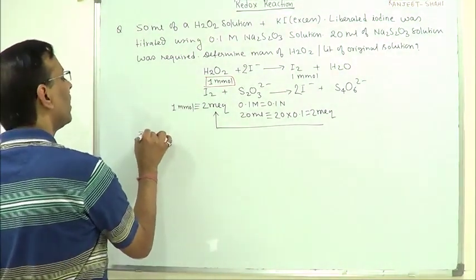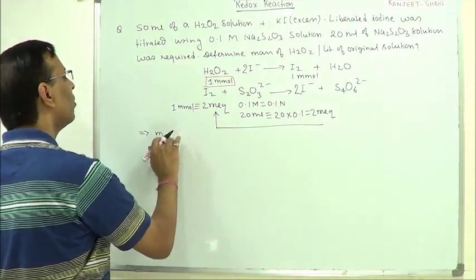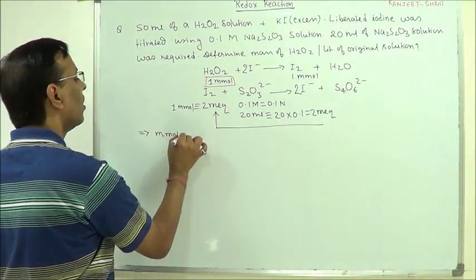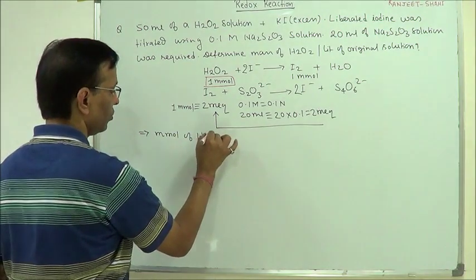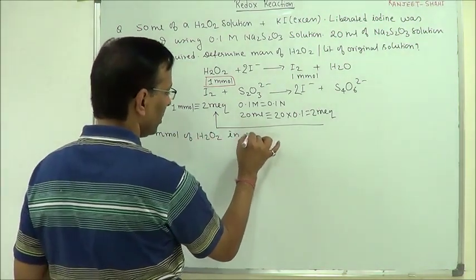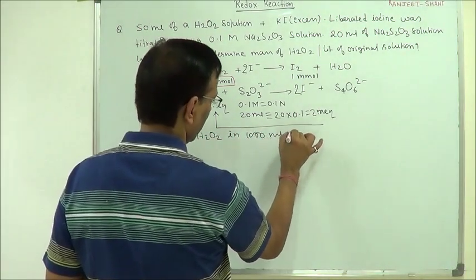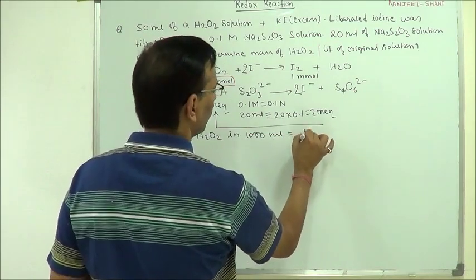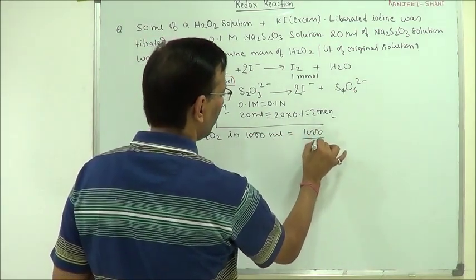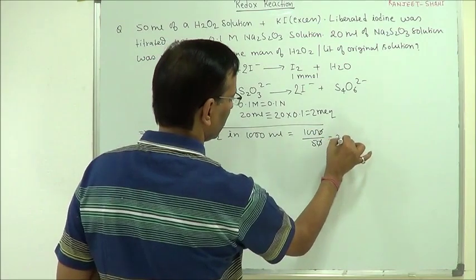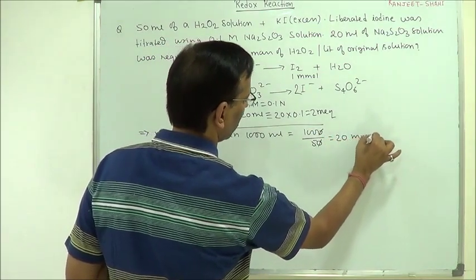So using that, we can determine millimole of H2O2 in 1000 ml will be equal to 1000 upon 50, 20 millimole.